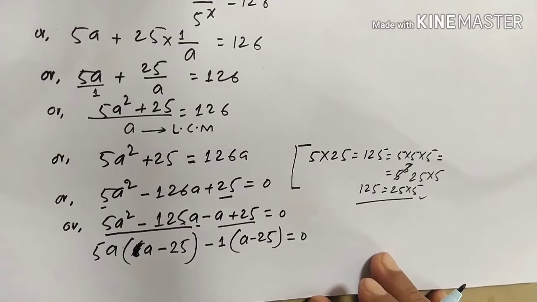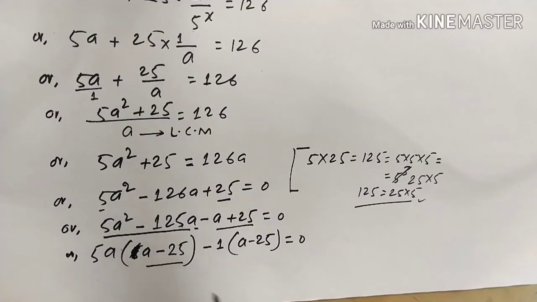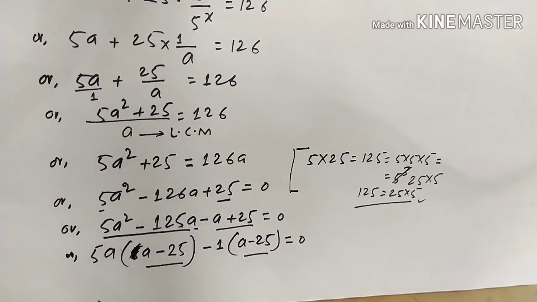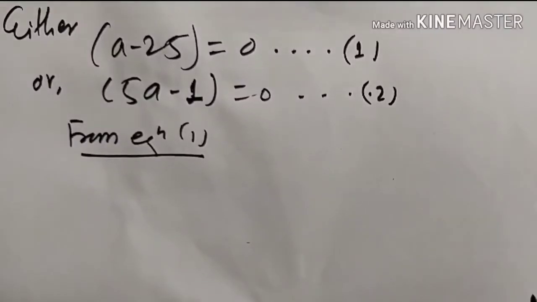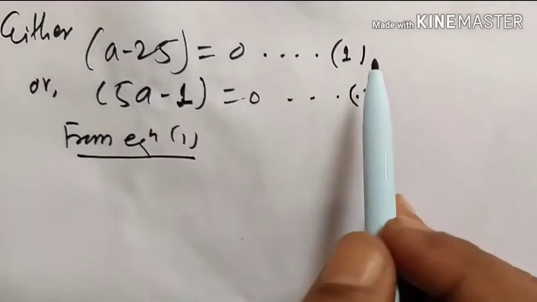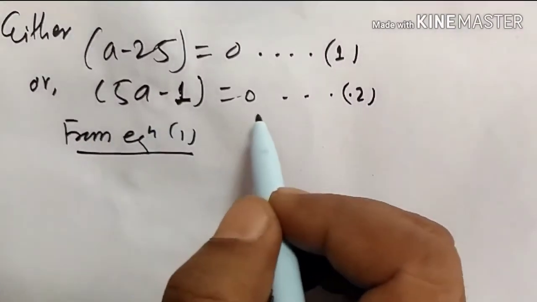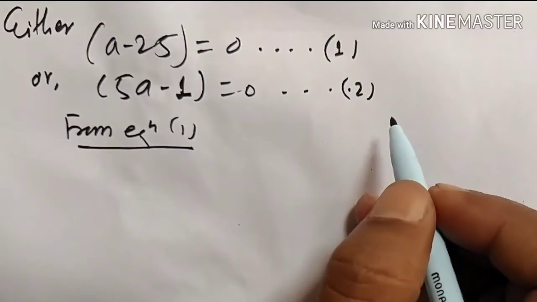And for this step, here you can see a minus 25 both are common, so a minus 25 and 5a minus 1 is equal to 0. Now either a minus 25 is equal to 0, which can be written as equation 1, or 5a minus 1 is equal to 0, which can be written as equation 2.